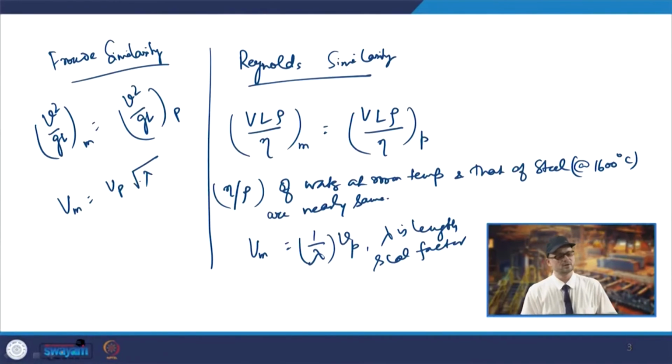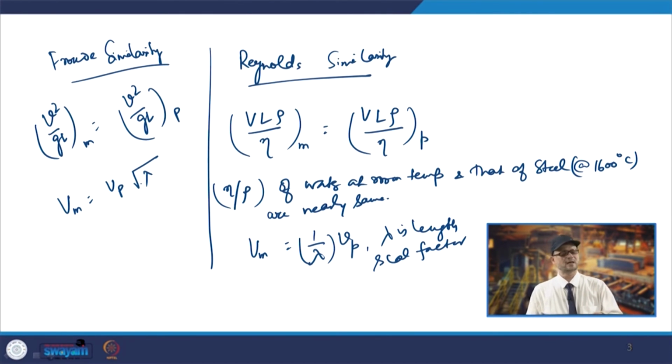Whereas if you take the Froude similarity criteria, here the velocity in the model will be less than the velocity in the prototype, because it is under a root term and this value will be less than 1.